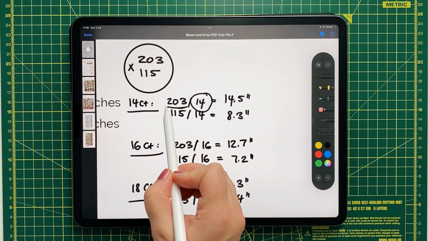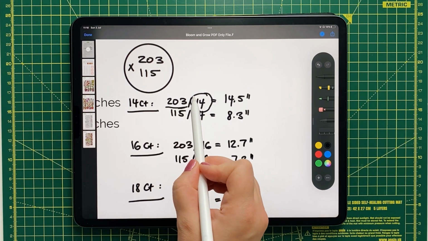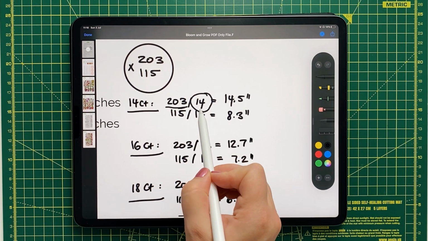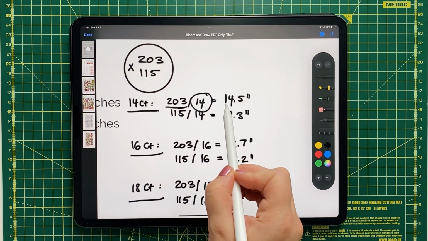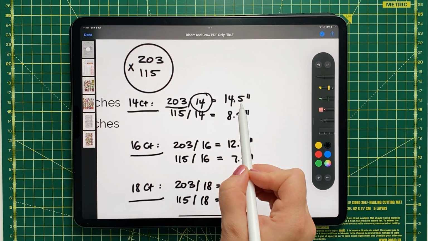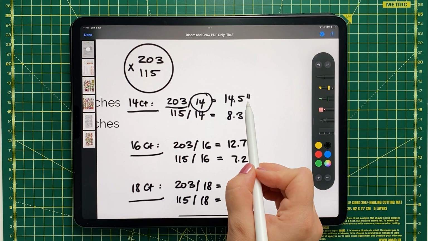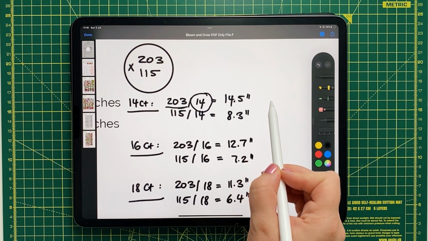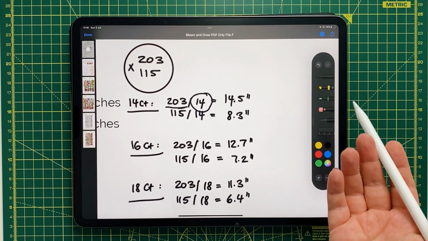So if we divide the total amount of stitches, 203, by 14, we know that we need 14.5 inches of fabric to fit our design. I hope that makes sense.